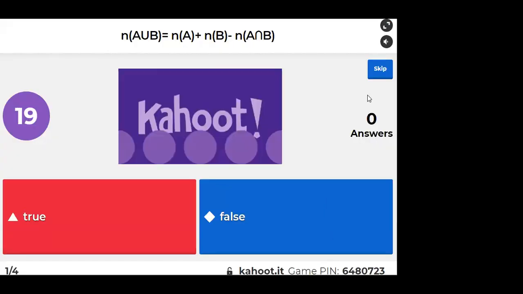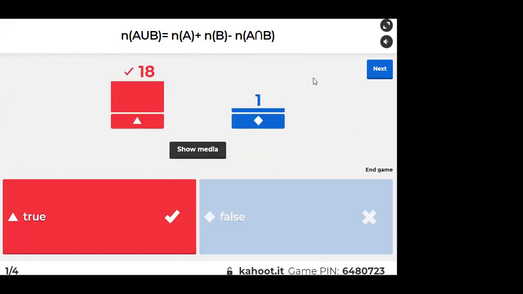Tell me, true or false? This is what we studied just now. True or false? Okay, Vastav. Yes, it is true, right? Who said false? It is true.